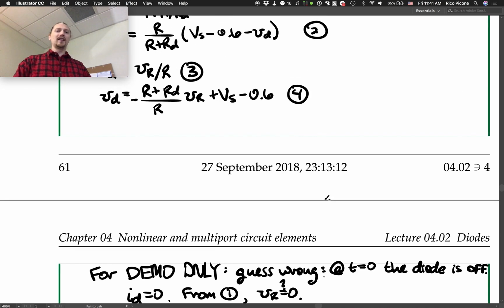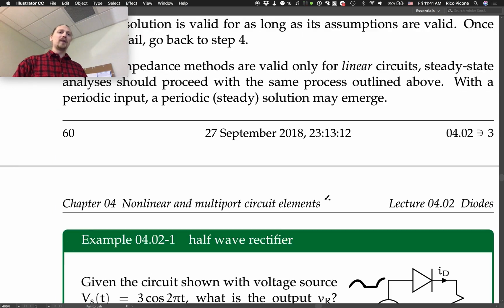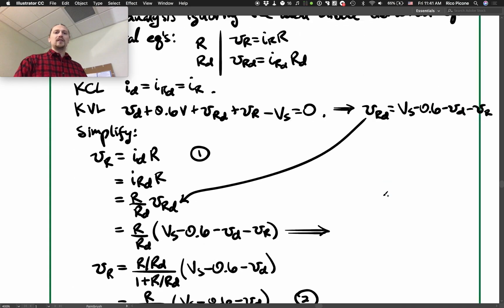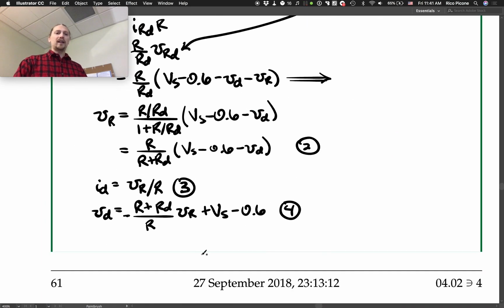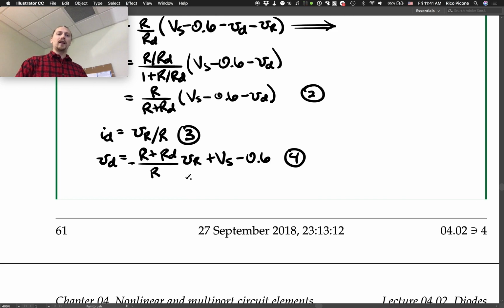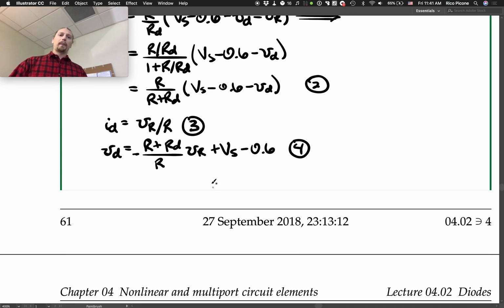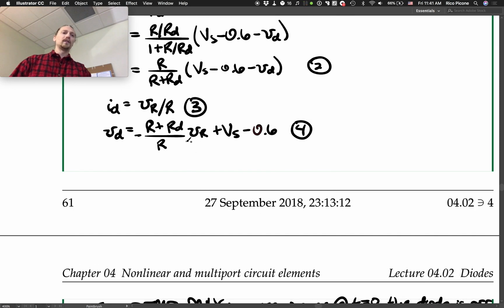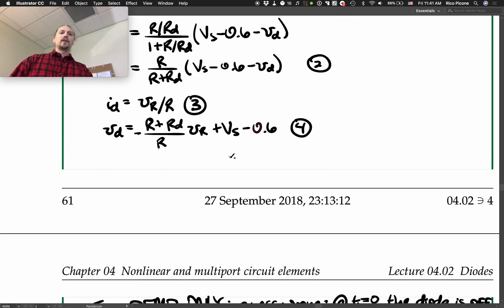So the condition is that we have to be in reverse bias, right? We have to check that VD is less than 0. So if we come back here and we plug in our VR, which we just solved for, we're assuming it's 0.